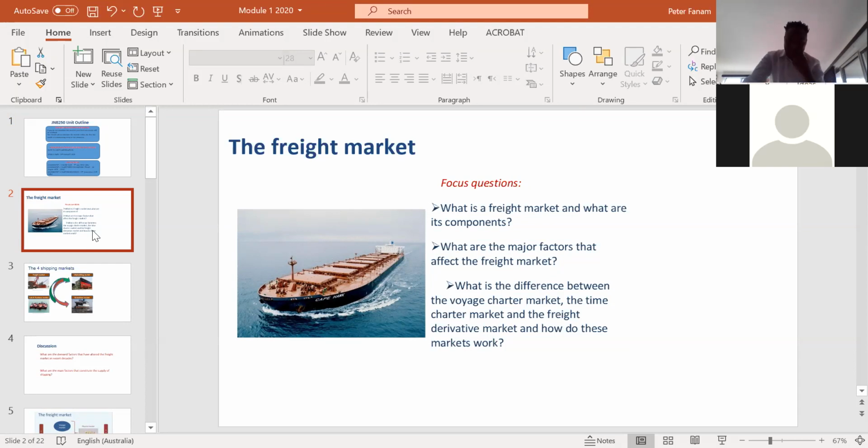That's also correct. Any other person? Any other person with any idea or any contribution or any understanding of what chartering and brokering entails?